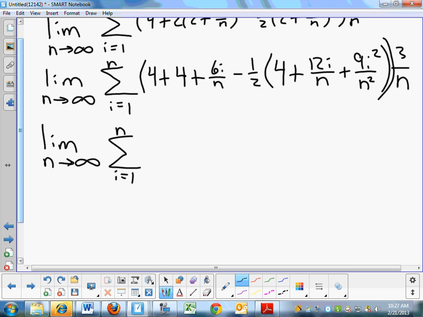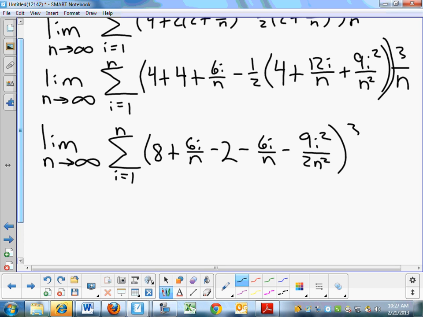I could combine those, make 8 plus 6i over n minus 2 minus 6i over n minus 9i squared over 2n squared.